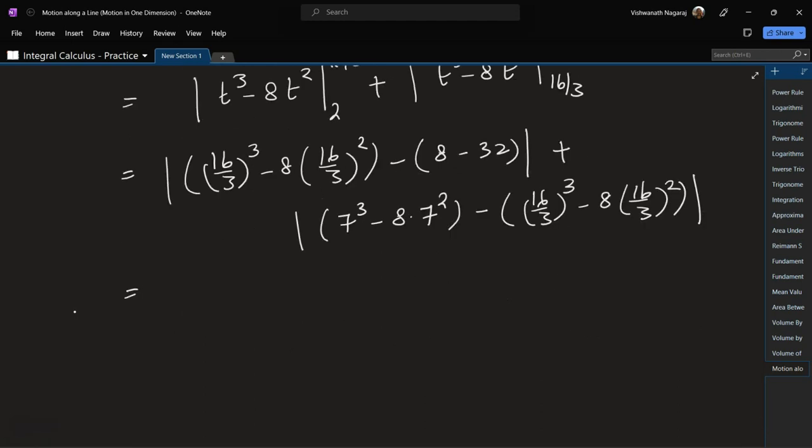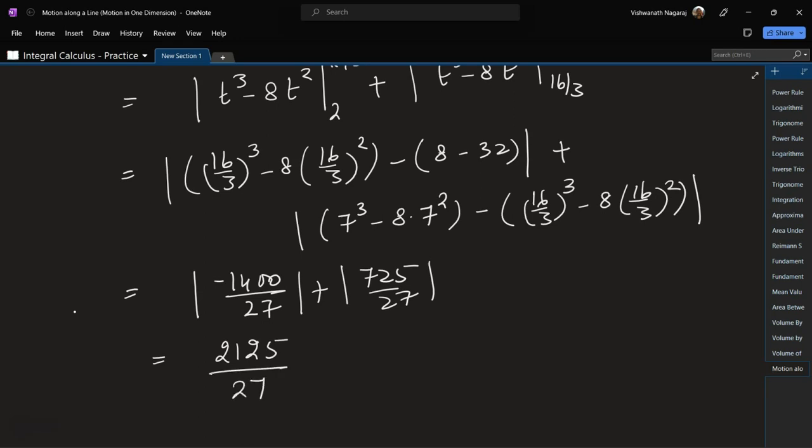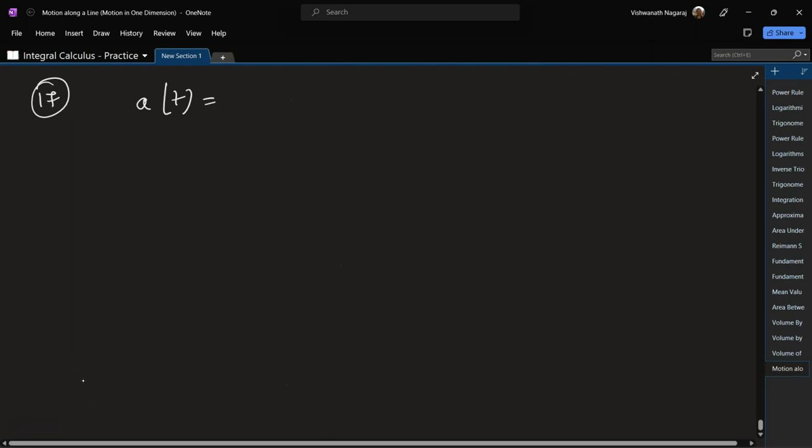Okay. And if we evaluate, we get the absolute value of 1400 divided by 27 plus the absolute value of 725 by 27, which gives us 2125 by 27 units.